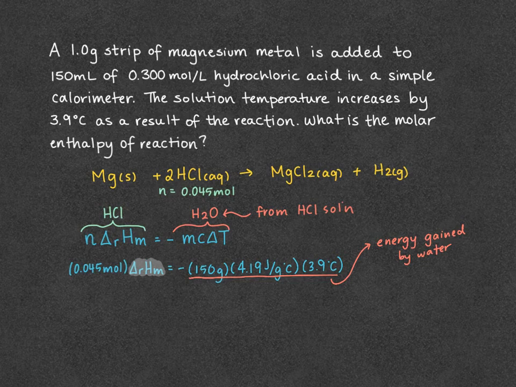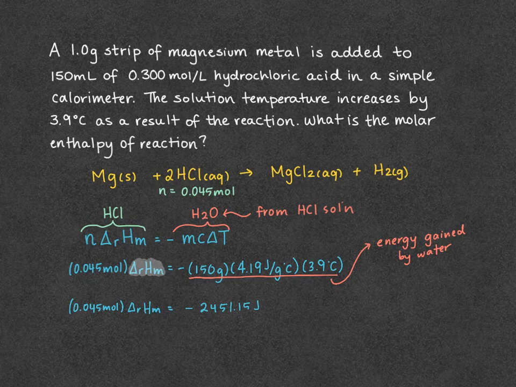In doing this math, I'm going to do it a bit separately. We have 0.045 moles still, multiplied by our molar enthalpy, and we get negative 2,451.15 joules. That's the energy that was gained by the water.